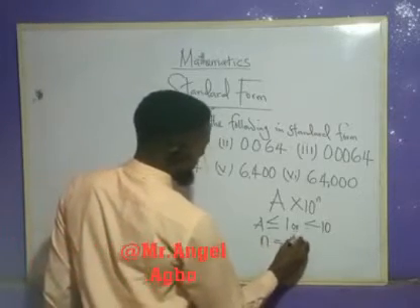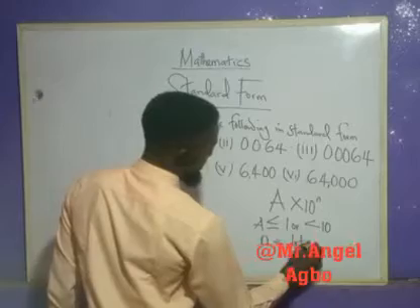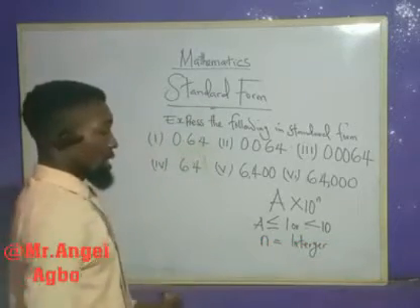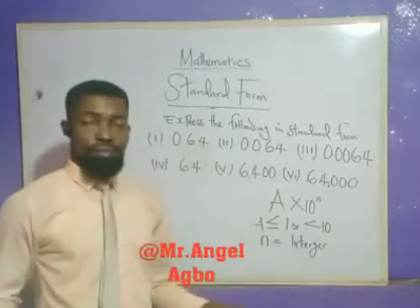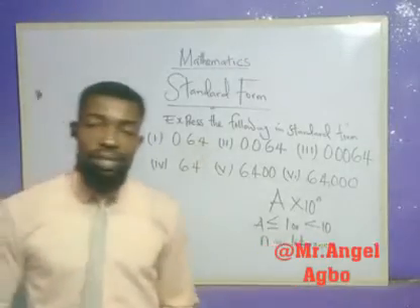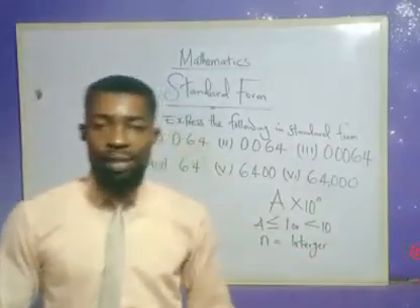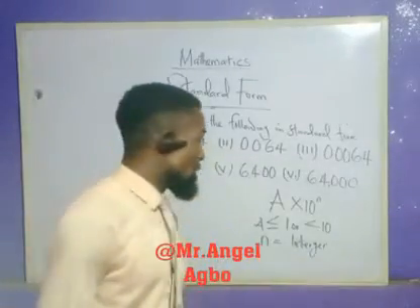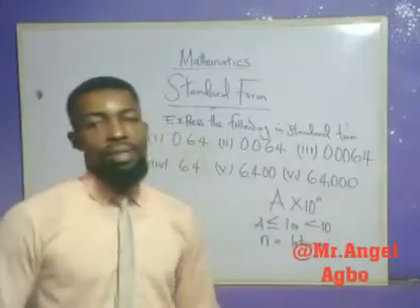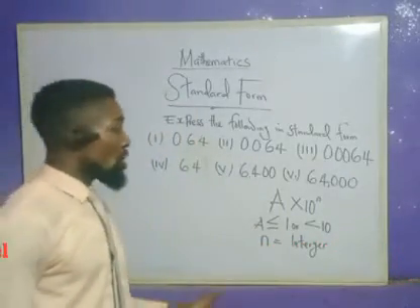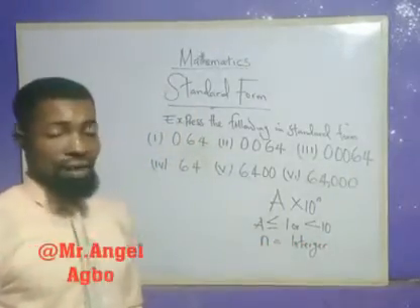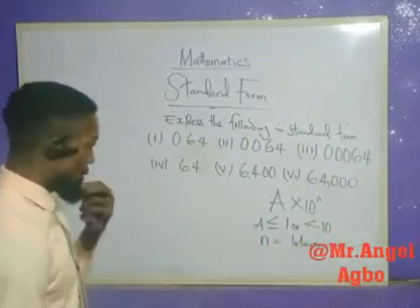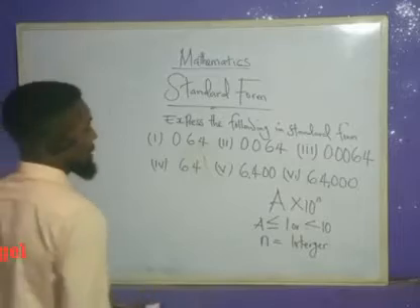An integer. An integer could be negative or positive: -1, -2, -3, 0 is an integer, 1, 2, 3. Yes, but not a fraction. Never a fraction. Do you get that? Never a fraction. So we are good to go.